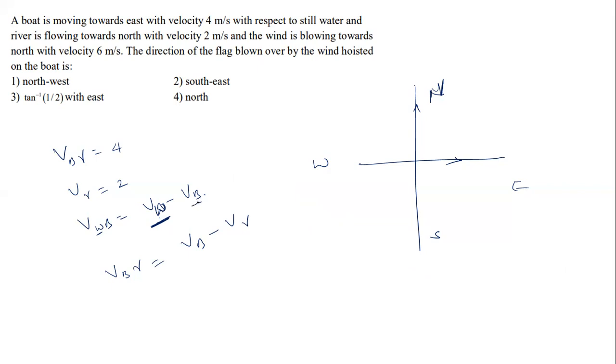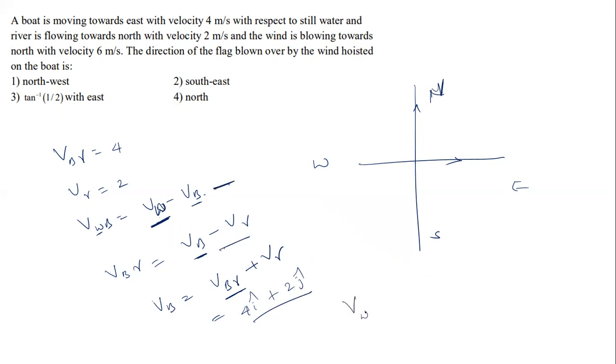We required VB, right? So from this VB, what do you write? VB is equal to velocity of boat with respect to river plus river velocity. Okay, boat and river moving in which direction? East. So this we can write 4 i cap. River where does it go? River is going towards north. So it is 2 j cap. These two substitute in this expression.